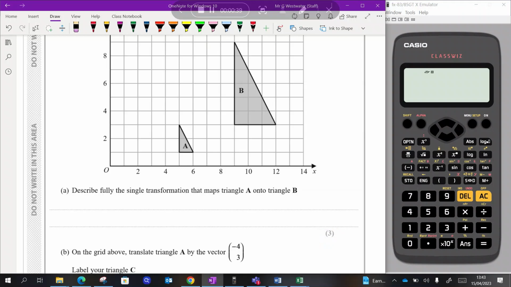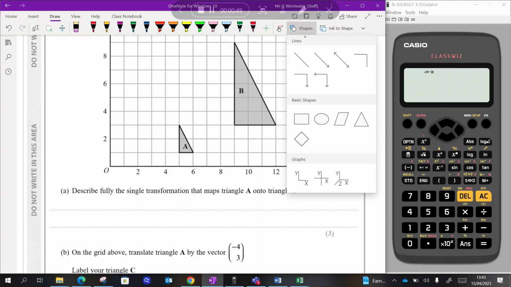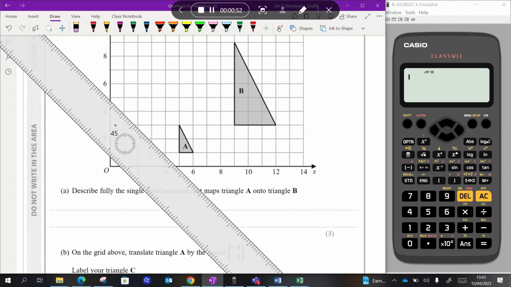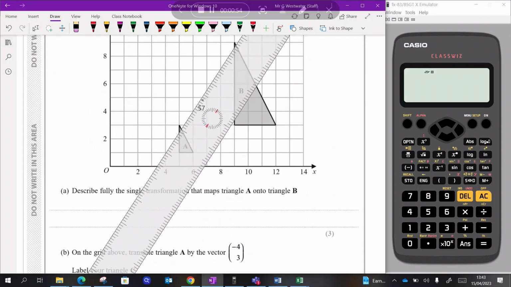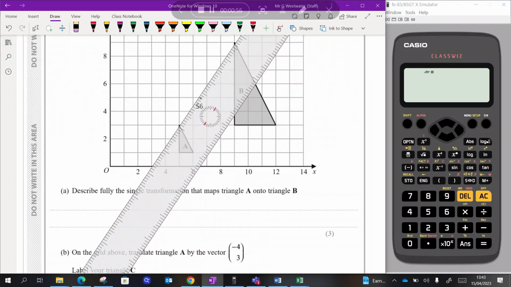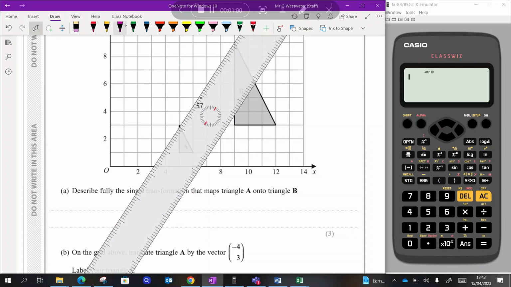So this to me looks like a clear enlargement, and one thing we can do is use straight lines. Let's get my ruler. Here we are. I can get my ruler out and I can connect points like this. Okay, not perfect, but it'll do.